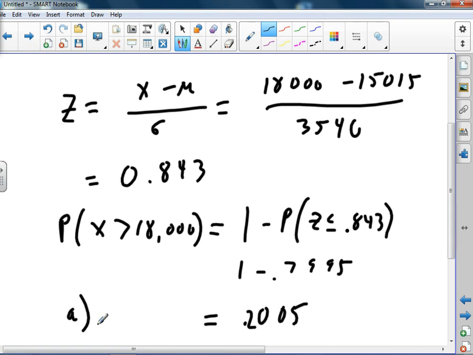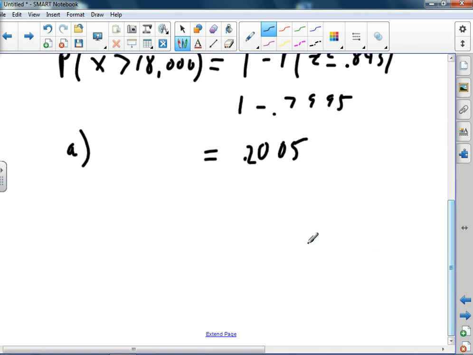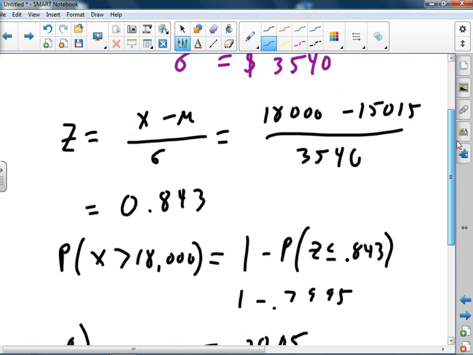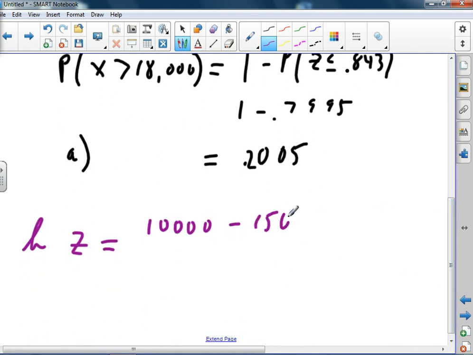I'm doing 17. Okay, I'm going to look at my B answer. What is the probability that the debt is going to be less than 10,000? Okay, so for my B answer, I want to find a Z value again. So 10,000 minus 15,015 divided by 3540.